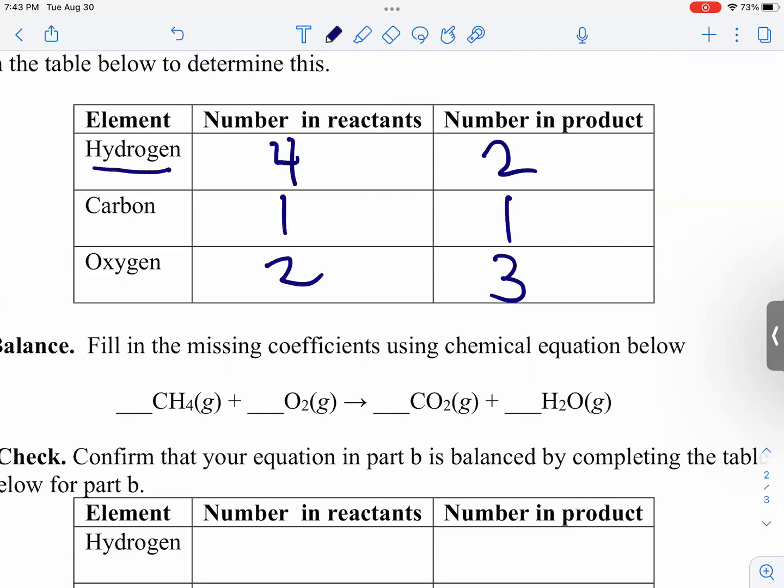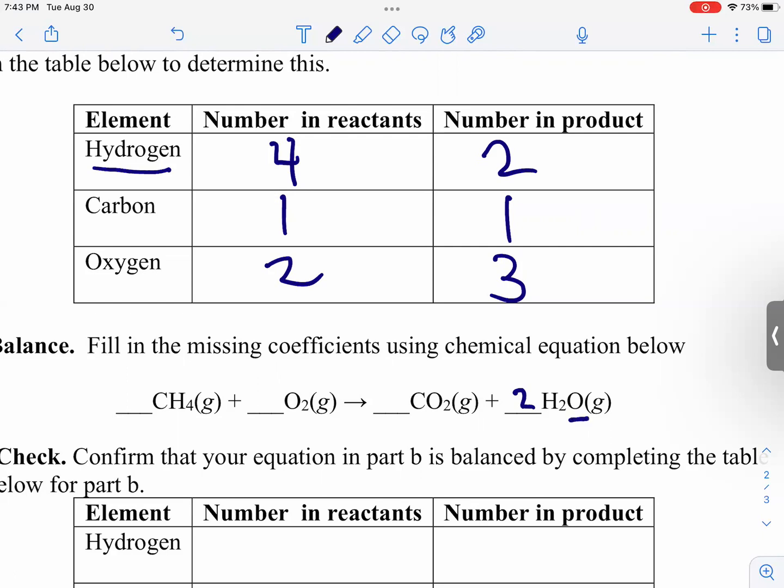So what are we going to do? We need to increase hydrogen on the product side. So what kind of coefficient are we going to add? We could try to add a 2. If we add a 2 here, then we have 4 hydrogen on this side and 4 hydrogen on the other side. But then we also have to account for this change in oxygen.